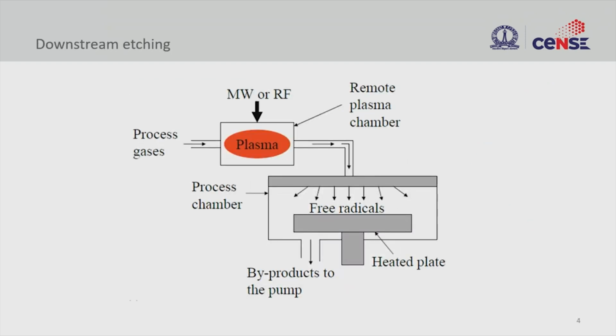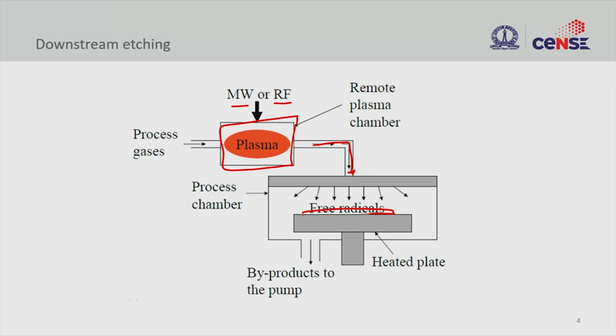And this is again a very interesting system called downstream plasma, because the wafer is sitting in a different chamber and the plasma is created in a different chamber. Here the plasma is created either using RF or microwave, and then it is pushed through this duct, and all the radicals that are generated, because we are not interested in the electrons or whatever, right.